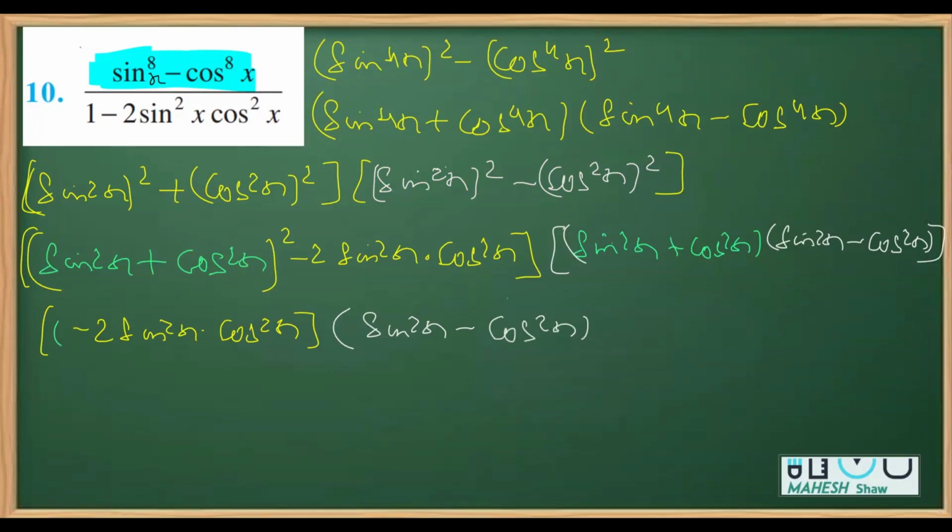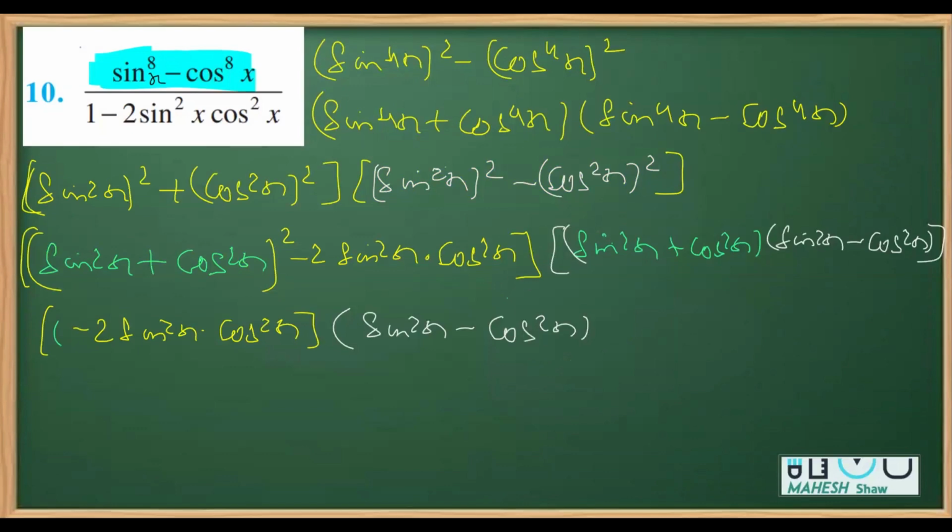So I'll be replacing this with minus cos 2x, writing the minus outside, as I said earlier.